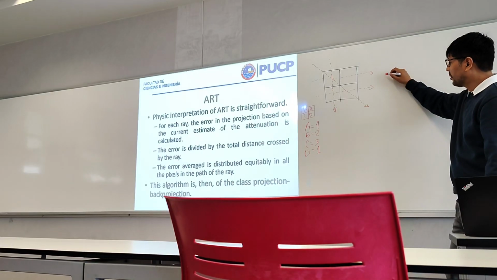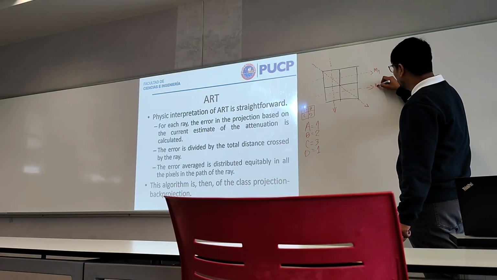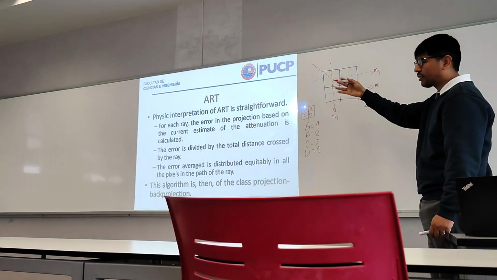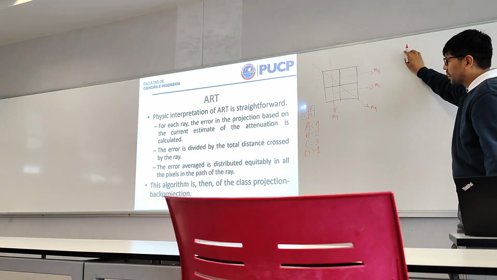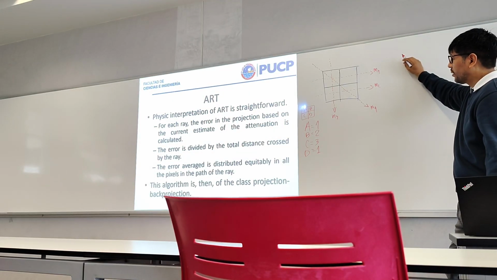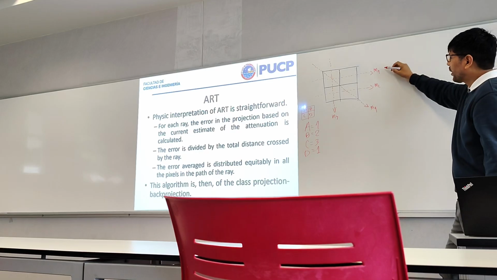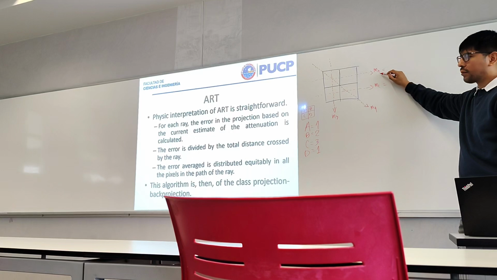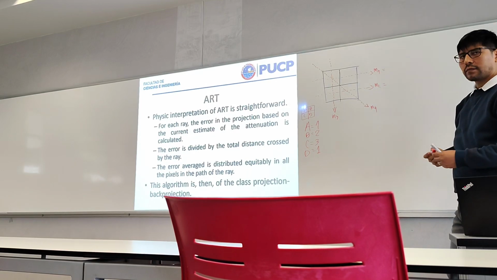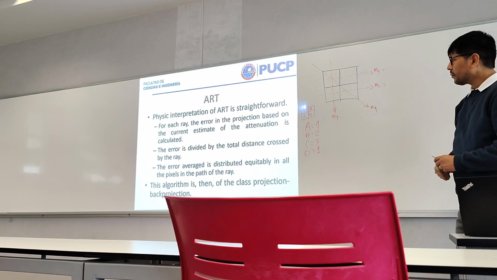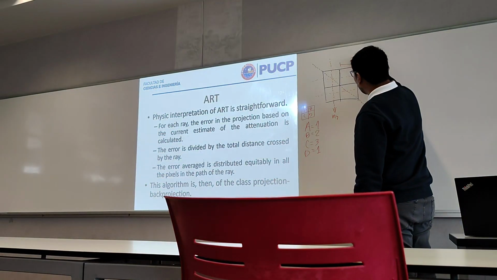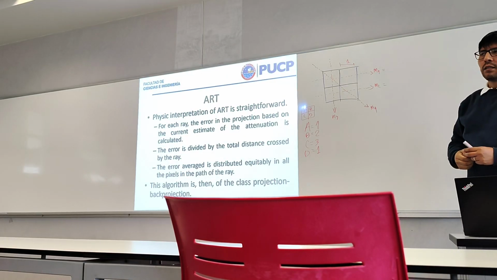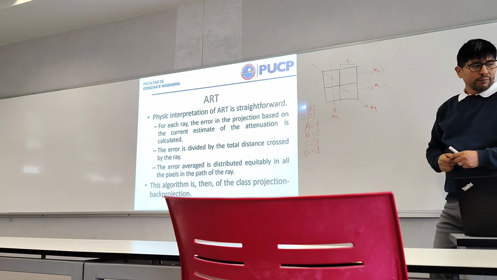In this case, if we take measurements M1, M2, M3 and M4, what is the measurement of M1? Let's assume that the length here is R1, the length of the square. How much would be the first measurement, M1?